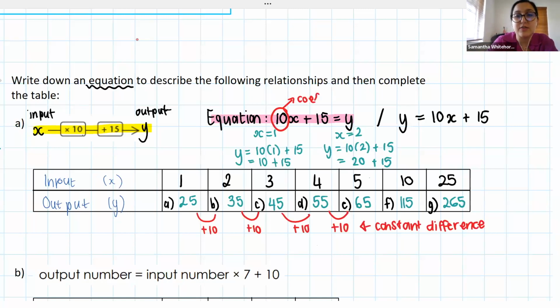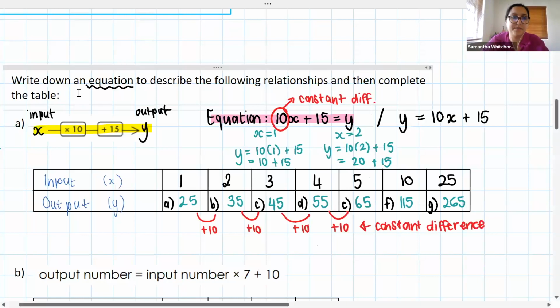So that 10 in front of the x represents our constant difference. And so again, all of these different ways represent the same relationship. They all show some link here, but we have different ways to represent it.